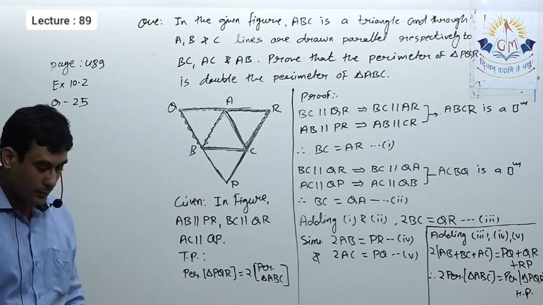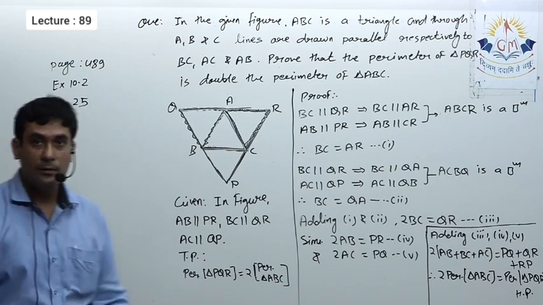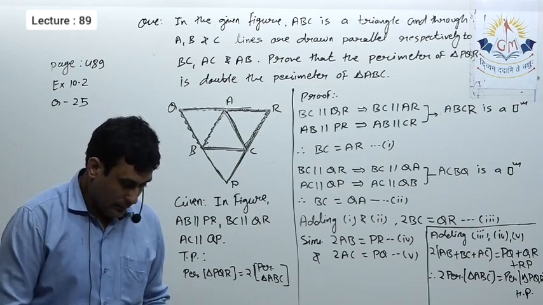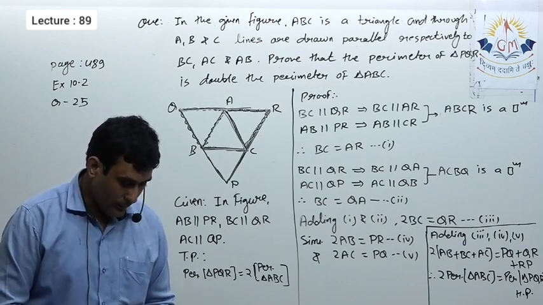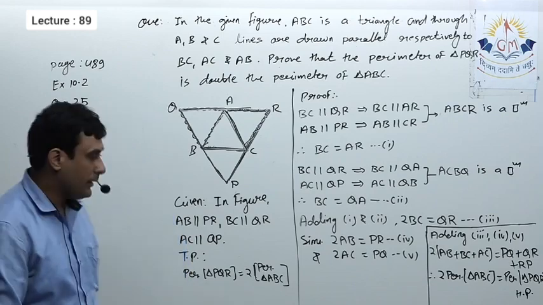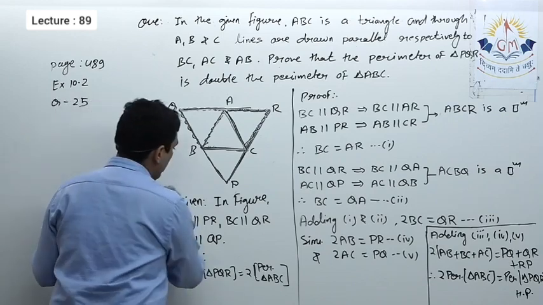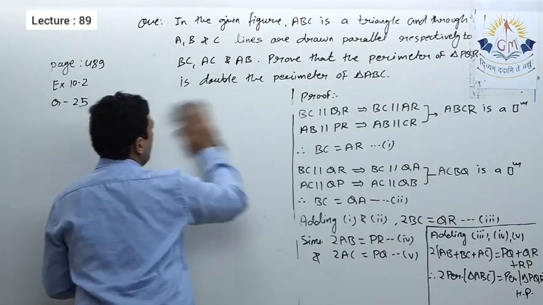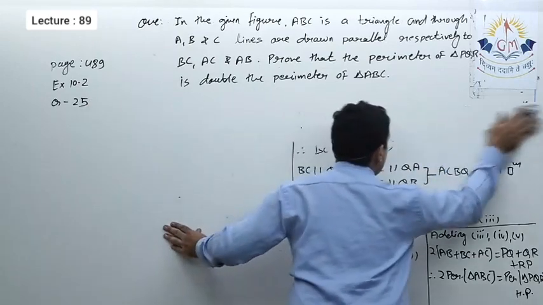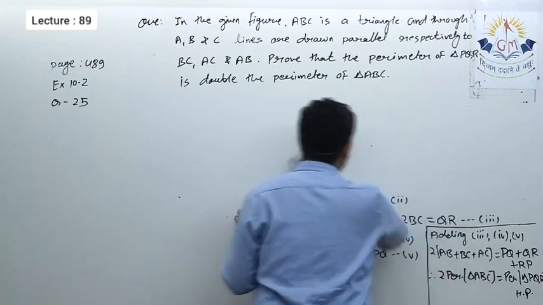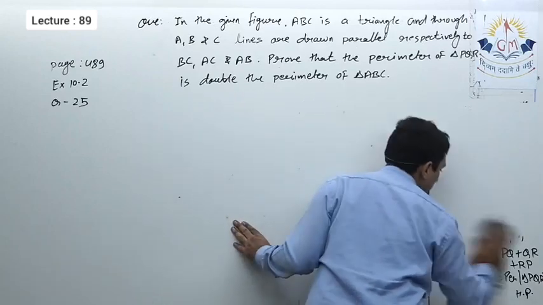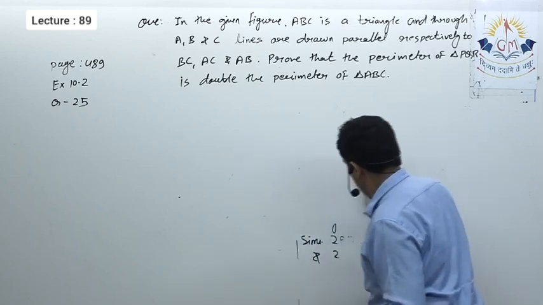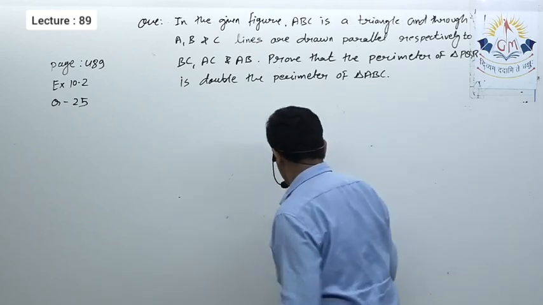Now next we start the theorems. There are two theorems that we have to do: the midpoint theorem and the converse of the midpoint theorem. Also, we'll see in short the intercept theorem and its converse. We won't see their proof, just the statements, because this is a useful theorem which we need while solving problems.